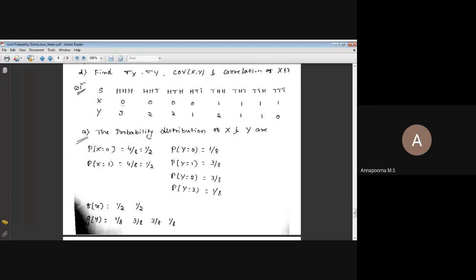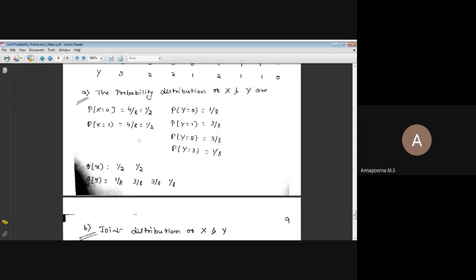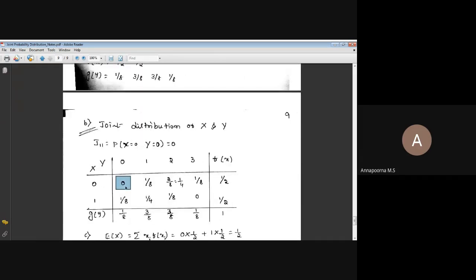You are not having any case where x is 0 and y is also 0. There exists no case where x is 0 and y is 0. So therefore it is 0 out of 8, so J11 value is 0. Did you understand how I got this as 0? Do you have any doubts in this?